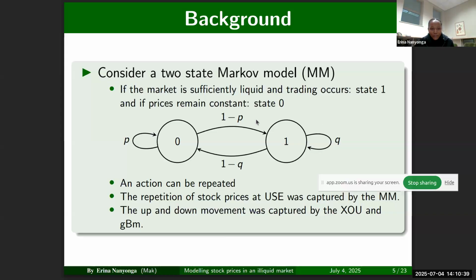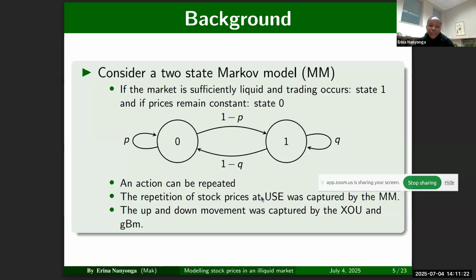In this simplest Markov model, an action can be repeated, where it allows a price to be constant from day to day, or it can change from day to day or move from one state to another. So I'm going to use the two-state Markov model since it allows the repetition of stock prices, because it allows an action to be repeated a number of times, which can be random.